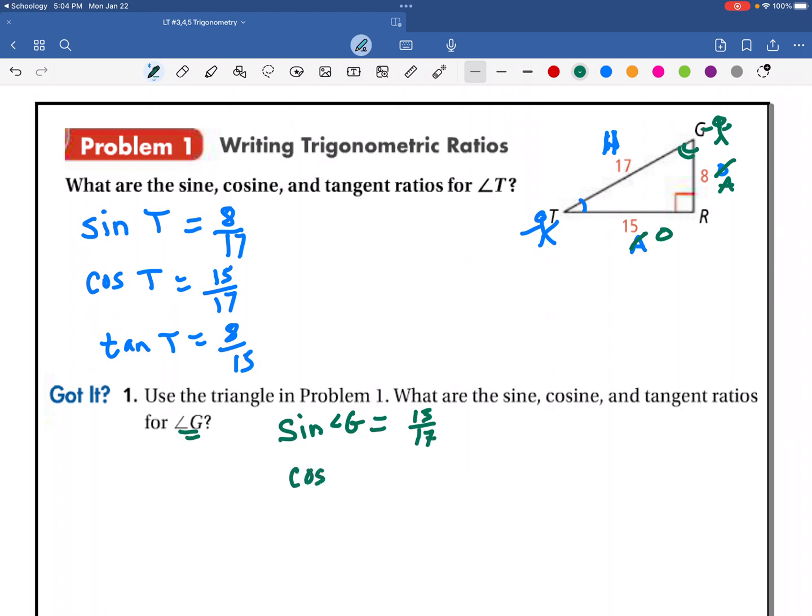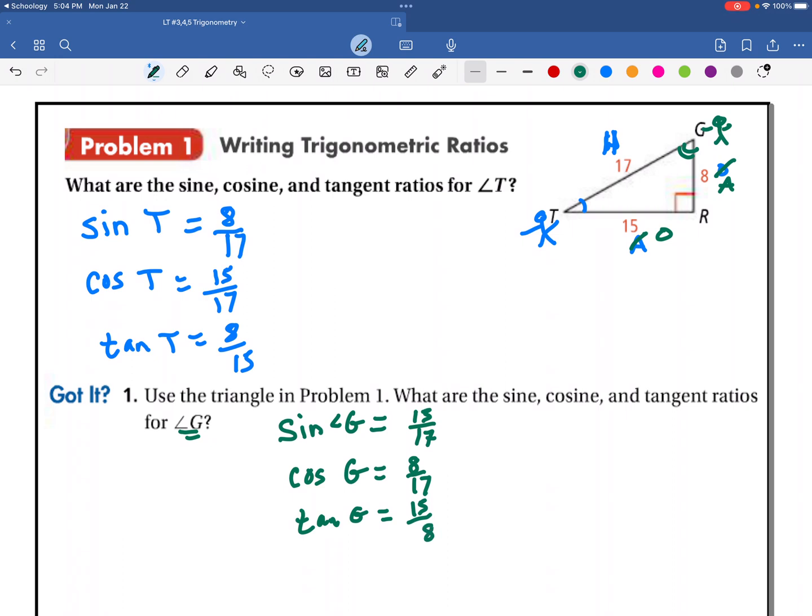The cosine of G is going to be the adjacent, 8 over the hypotenuse, 17. And the tangent of G is going to be the opposite over the adjacent.